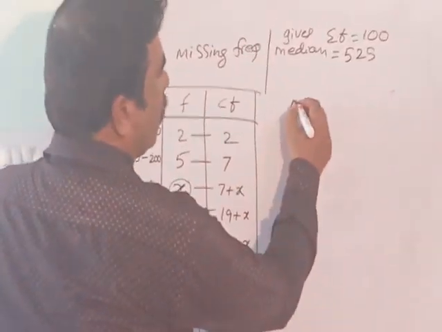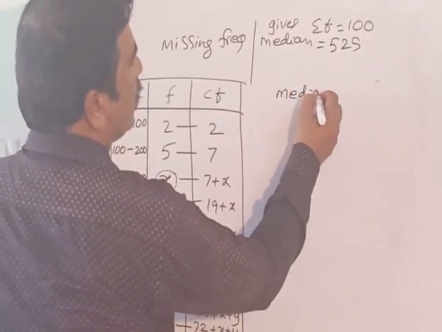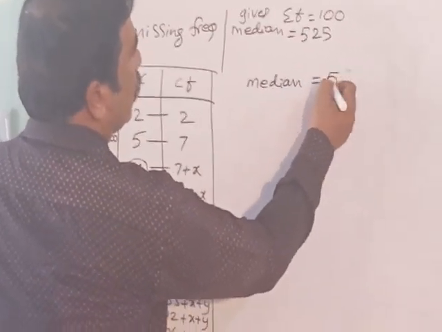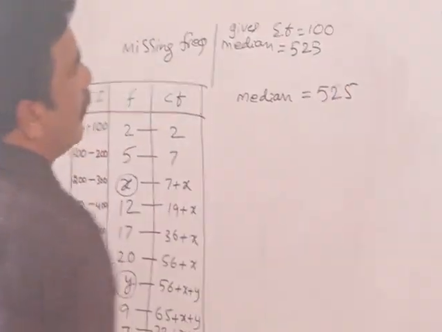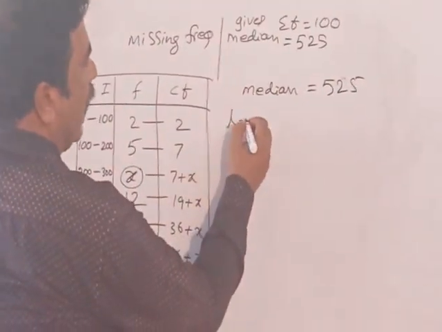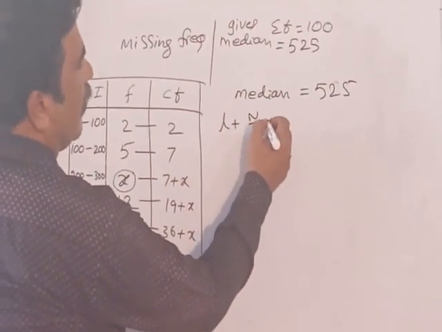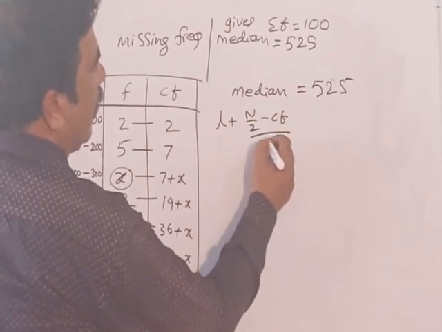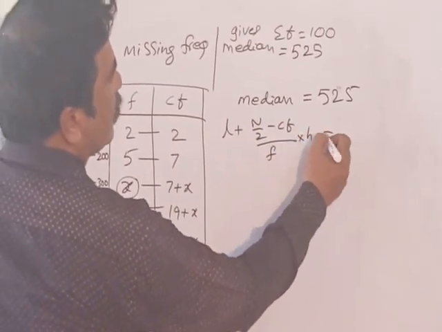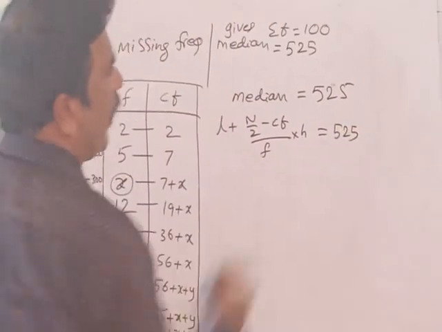Take the median formula, that is equal to 525. Median means L plus (n by 2 minus Cf) by f into h is equal to 525.